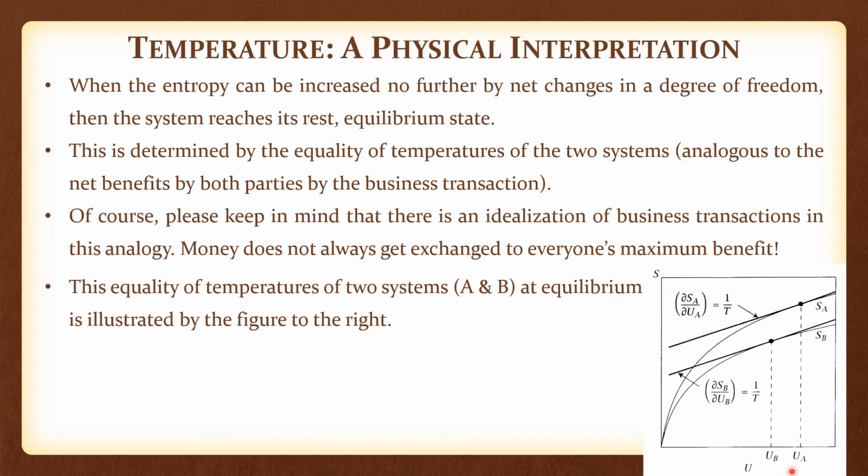So the state of equilibrium, when A and B are in equilibrium with each other, doesn't mean that U_A is equal to U_B. After all, that is not true. Nor does it mean that S_A is equal to S_B. That is also not true.